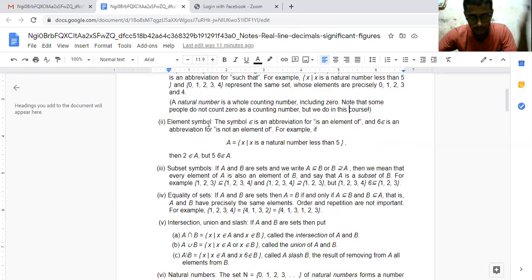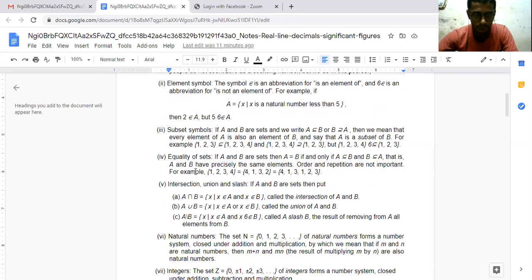An element is the primary unit of a set. For a subset, for example, if you have a universal set having the numbers 1 to 10, a subset could be 1 to 3, or 4 to 6, or 7 to 8, maybe including 9, 10 and all. That would be a subset.